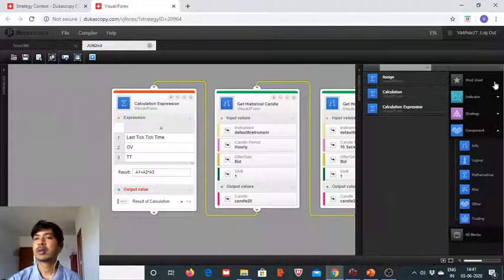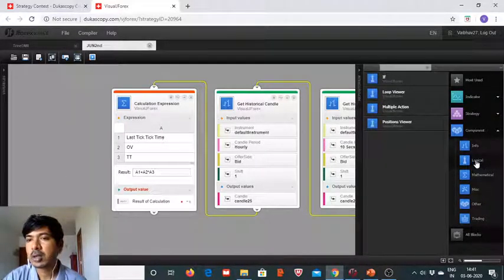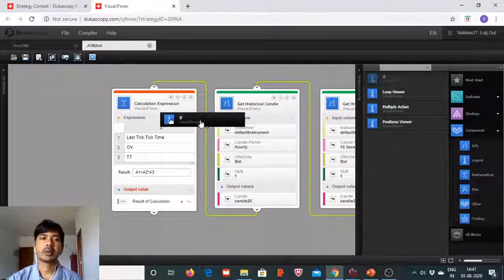Now let us get the if blocks logical. We will need a couple of if blocks here.